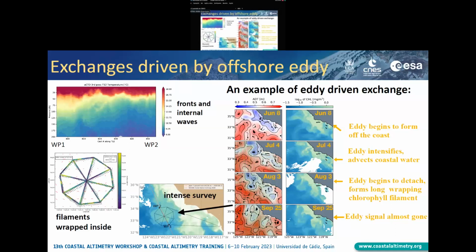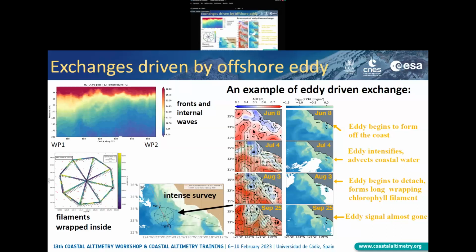So we mapped the eddy and the inside sub-mesoscale structure, the filaments. What you will see here is an example of the data collected, coming from south to north, and you will see things like fronts and their subsurface signature.